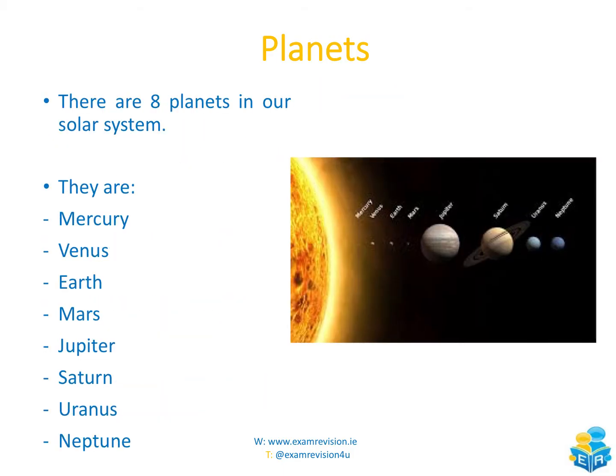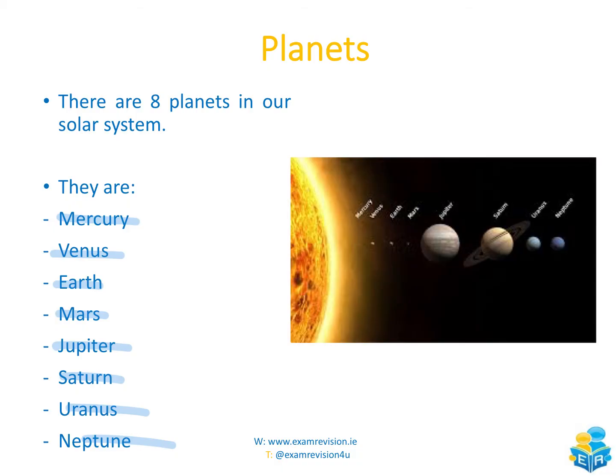Now I mentioned these planets on the last slide, so just to spell them out here, we have Mercury, Venus, Earth, Mars, Jupiter, Saturn, Uranus and Neptune. Now it is important that we do know those, and they are actually listed there in order of closeness or proximity to the Sun. The first one being Mercury, closest to the Sun, and then Neptune being furthest away.